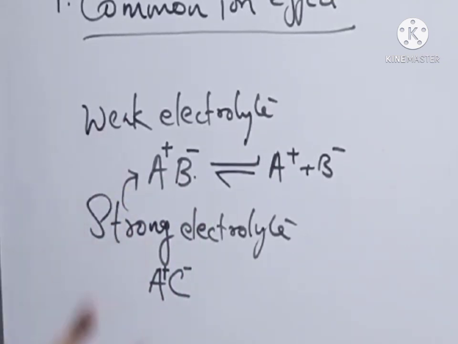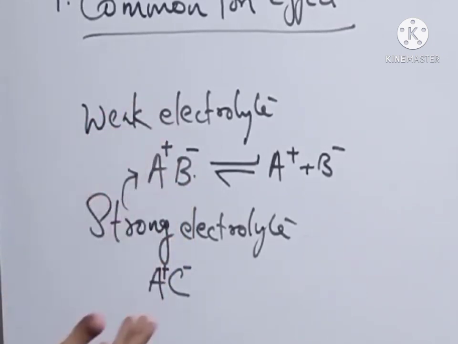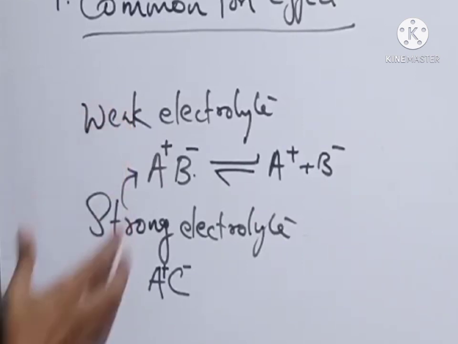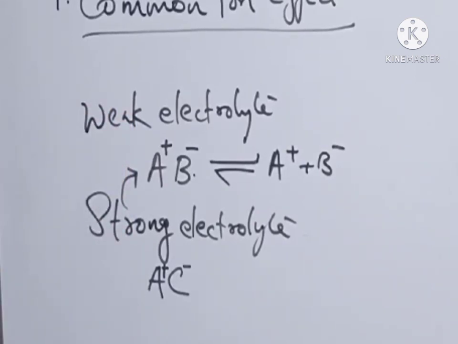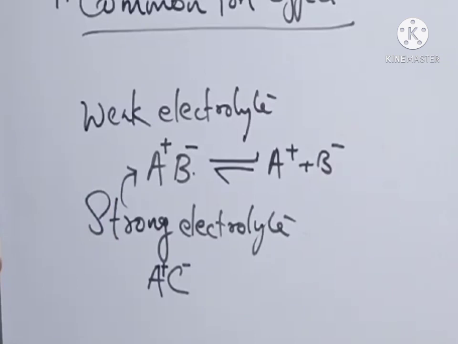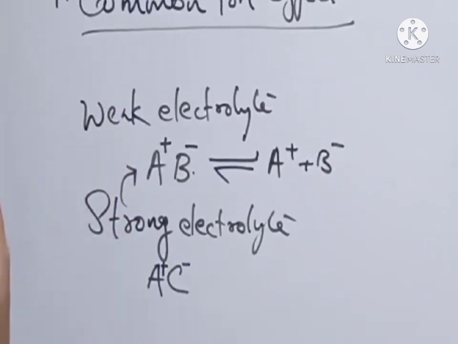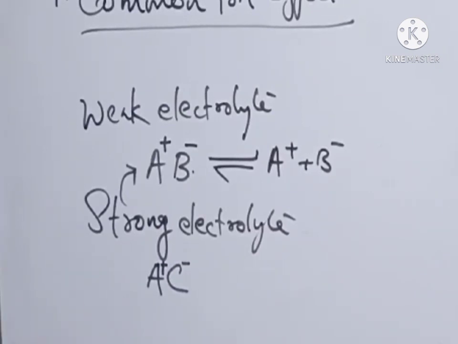If we look at these two examples, AB and AC, we can see that one of the ions in both electrolytes is common. That is, both electrolytes contain A plus ions. We know the strong electrolyte dissociates completely.